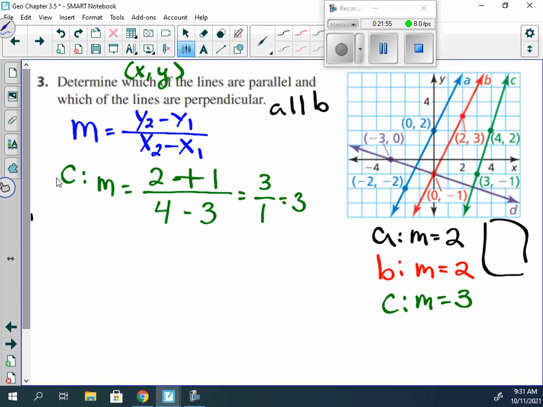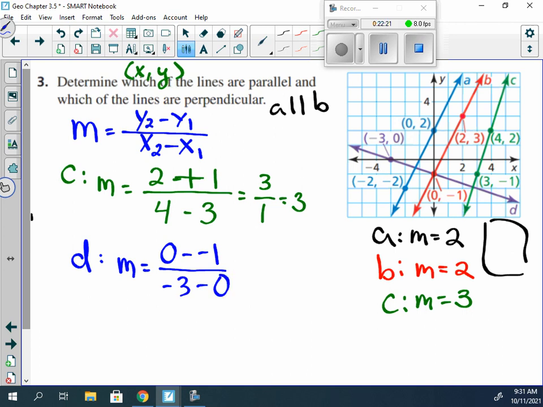Any questions on this here before we look at line D? Line D, m is equal to, so our y2 minus y1 over x2 minus x1. Yes, exactly.